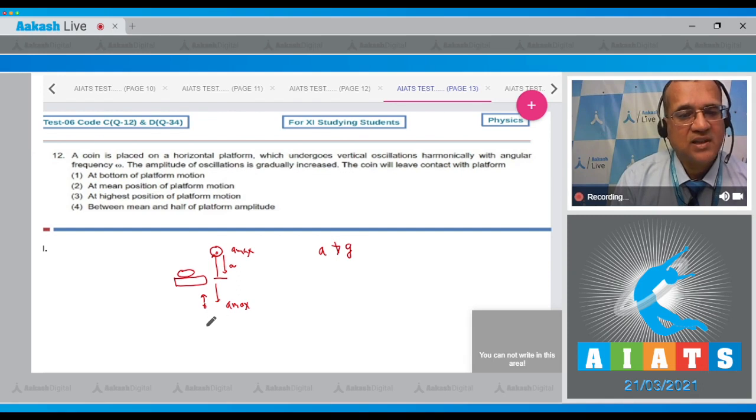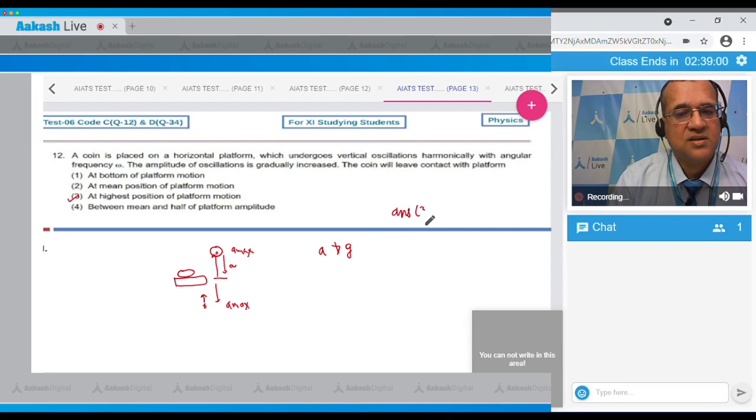Nothing happens at the lower point. So the chance of leaving the platform is at the highest point. In between, the acceleration is less. While falling, the acceleration is downward, but at the lowest point the acceleration is up. Therefore, the chance to leave contact is at the highest point of the platform. So the answer to this is 3.